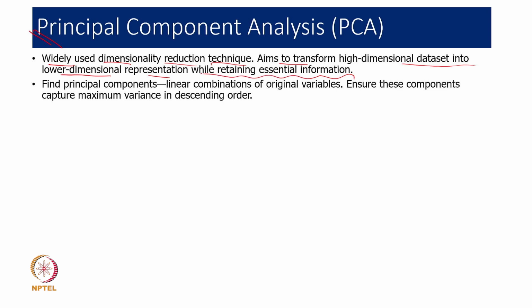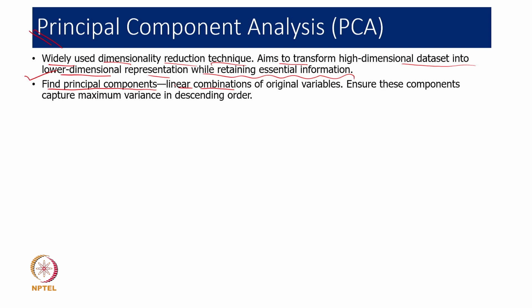That's the main purpose of PCA. Then we try to figure out the main features. As we were mentioning about feature extraction, here we are trying to come up with that only. We find the principal components which are very important.